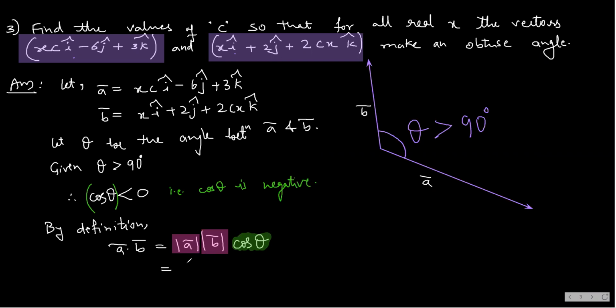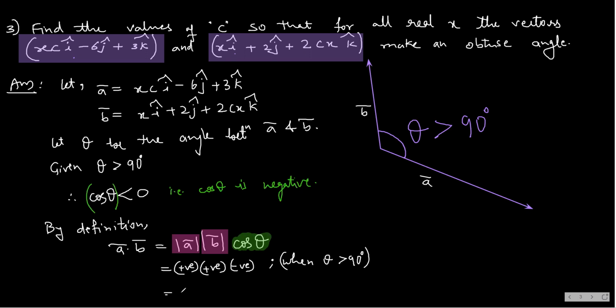So here, this is positive. Try to understand this, I'm making the concept clear to you. Mod A bar, positive number. Mod B bar, positive number. And cos theta is a negative number when theta is greater than 90 degrees.